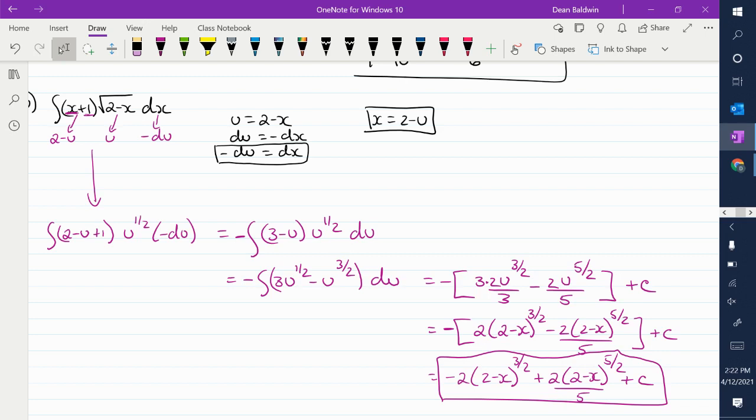That's my 2 minus x is my u. And then I derive that to get negative du is equal to dx. So that blows that out. And then I have to get rid of this x. So I solve this for x. And then that goes in for x. So that's where the plus 1 is.